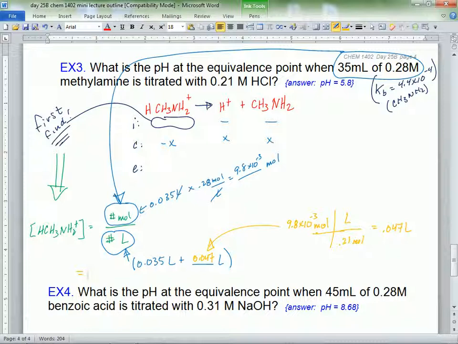Okay, I think I saw Jasmine's. She got 0.12 molar for the initial concentration too, I think, right? All right, so good. So 0.12 should be in your table for the initial concentration.